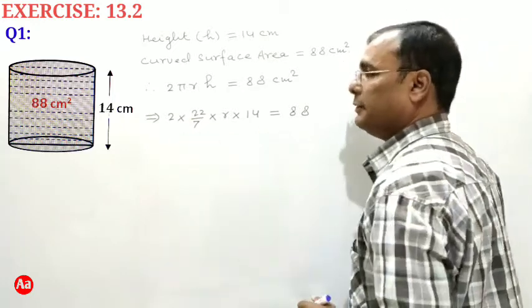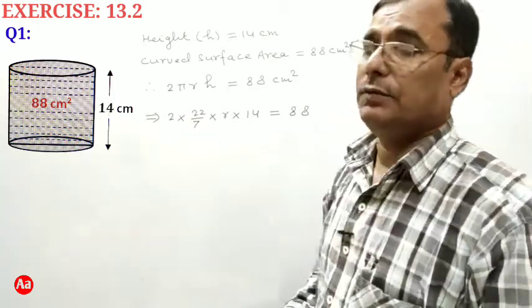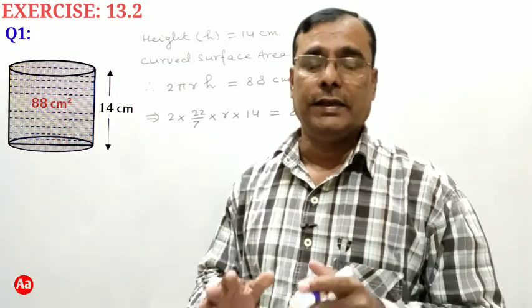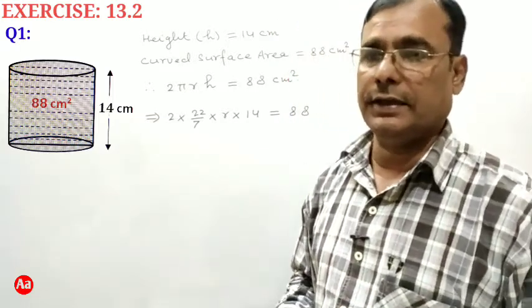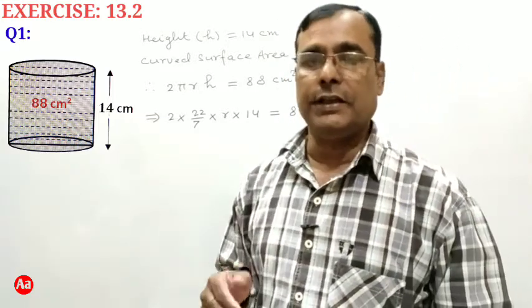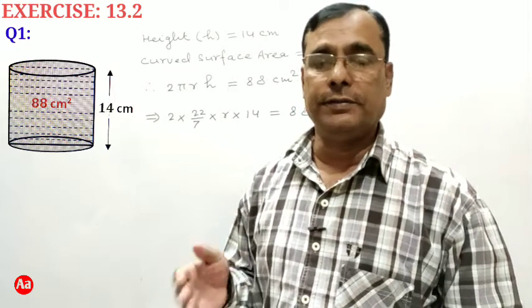And let us simplify. We shall find out value of r, that is radius of base of the cylinder, and diameter therefore will be double of the radius.